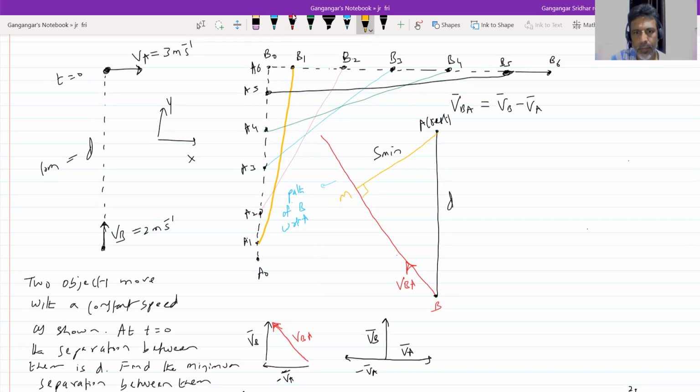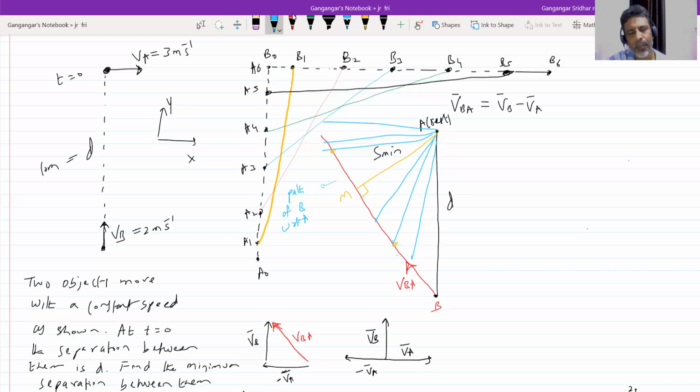Now look at this. When B is here, what is the distance? It will be greater than this S minimum. When B is here, what is the distance? It will be greater than that. I'll draw some reference lines, then I'll erase them. Look at these lines. The blue line's length is greater than that of the yellow one. Among all these, you draw several lines.